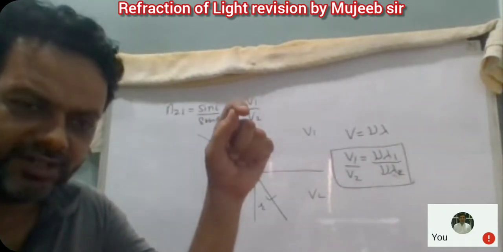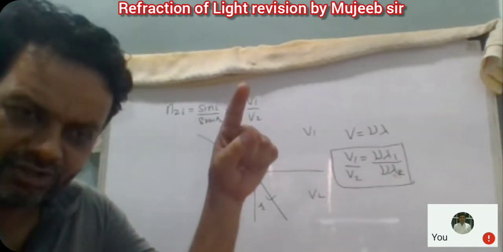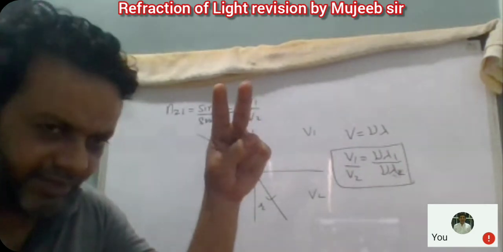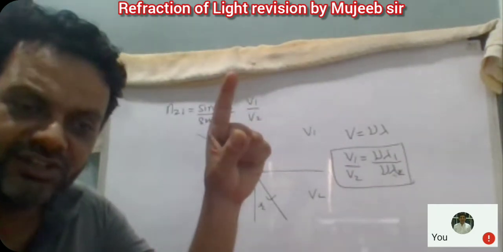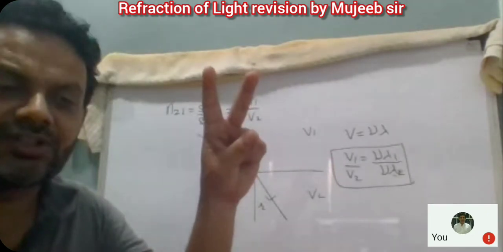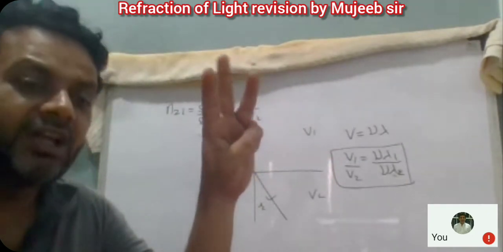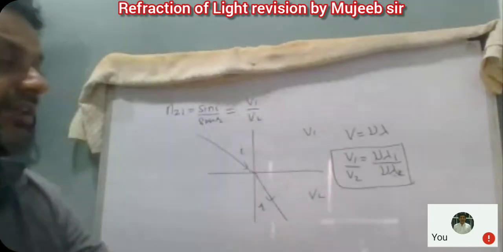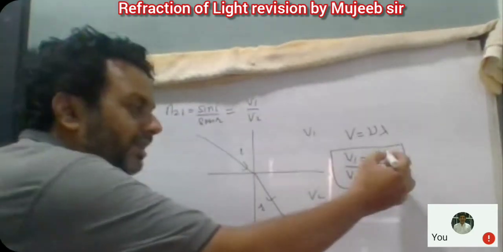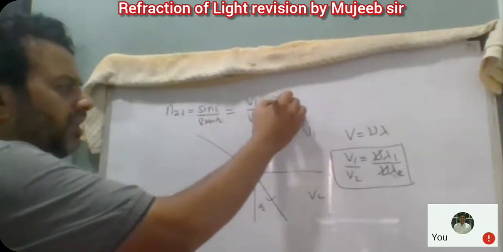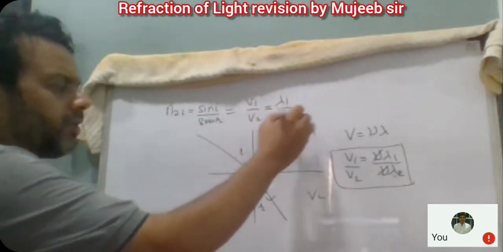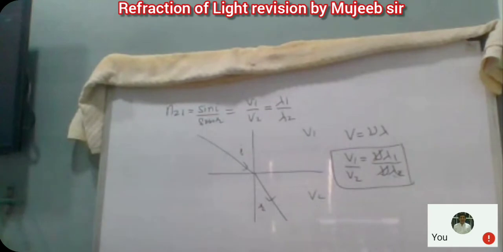The four parameters are direction, speed of light, wavelength, and frequency. Direction changes, speed changes, and wavelength changes, but the frequency remains the same. If you cancel the two frequencies, you get v1 upon v2 equal to lambda 1 upon lambda 2.